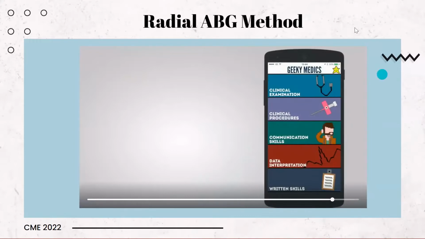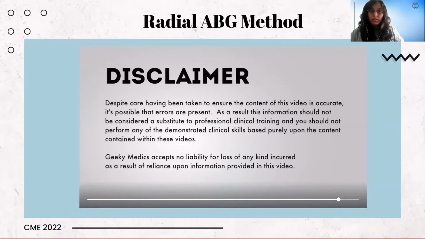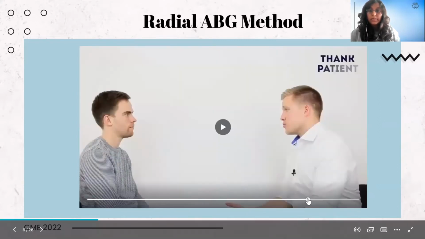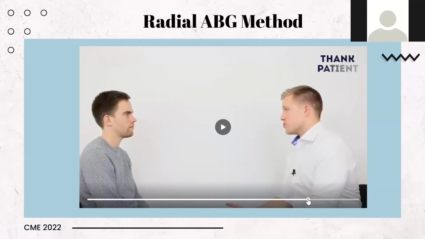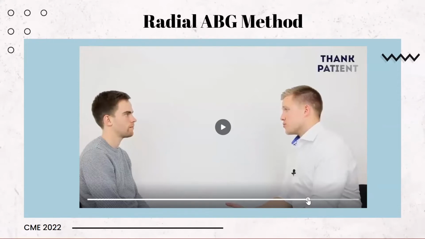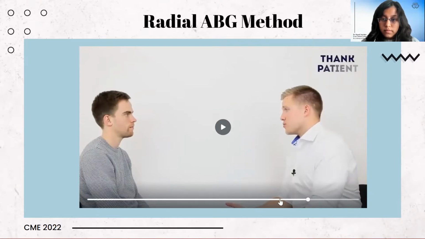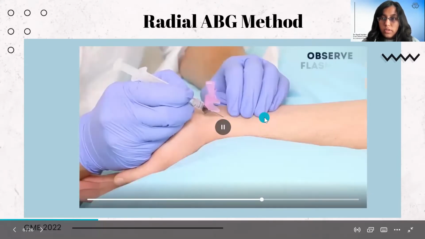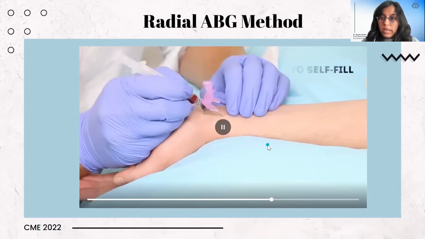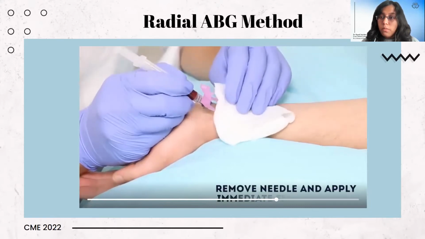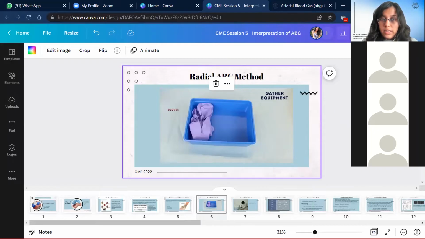Okay, did you guys understand what is happening in the video? We'll just go over this part again. So in an ABG, the difference between your normal blood collection, did you guys see the entire video?